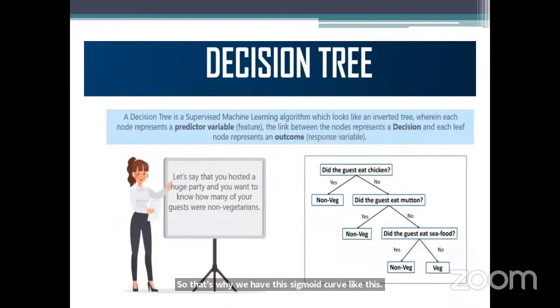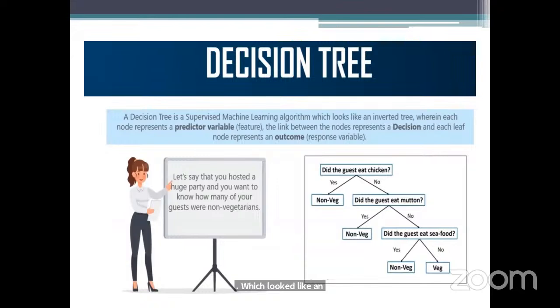Another thing, it's very interesting because this is very simple to understand. Now let's discuss the decision tree, which is again a classification algorithm. A decision tree is a supervised machine learning algorithm which looks like an inverted tree.